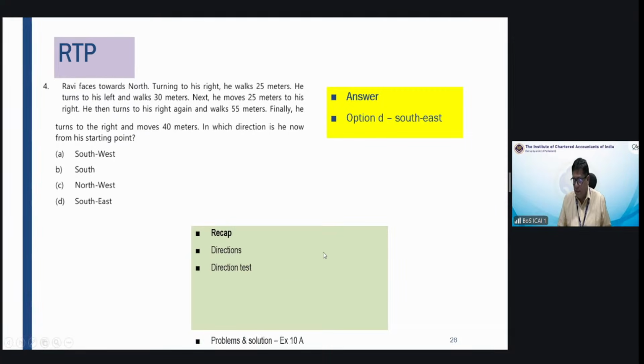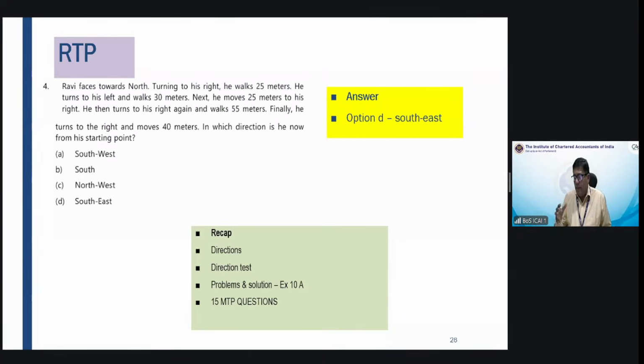Thank you very much to Arijit Chakraborty, sir, for his wonderful session today regarding the direction test, which is very important and easy to understand. Basic directions, four directions, and cardinal directions are also there.